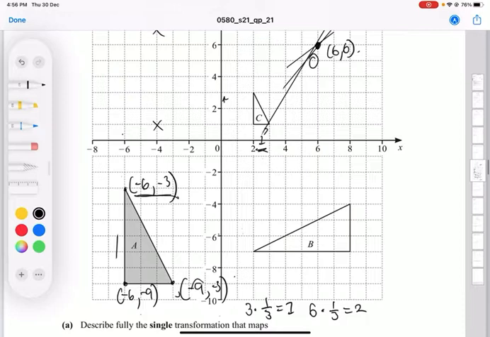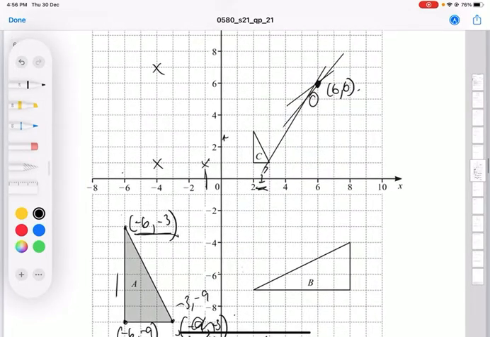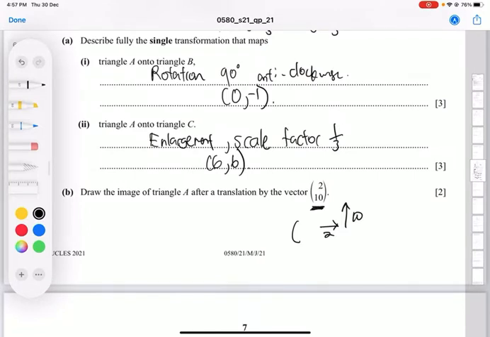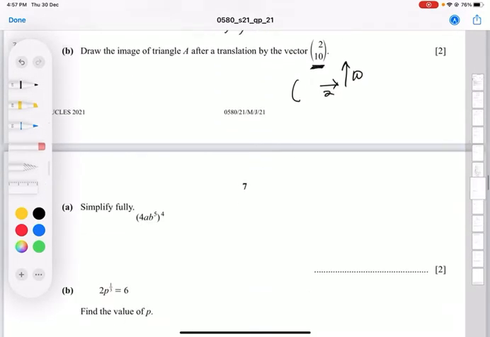No, sorry, I reversed it. Minus 3 minus 9, so you add 2, that's minus 1, so that's along this line. Then minus 9, you add 10, so that's minus 1. So this is your new triangle after the translation. So hopefully that's clear, and that's basically done for the transformation questions.